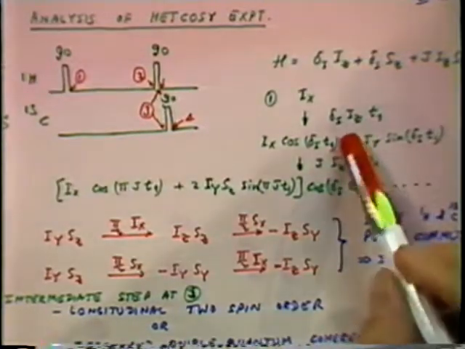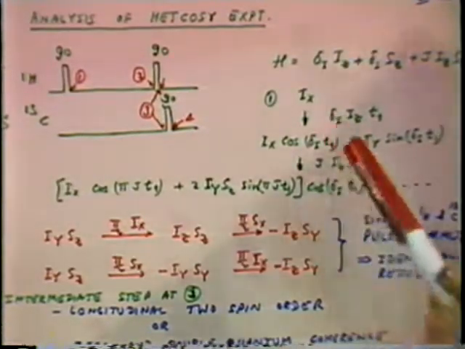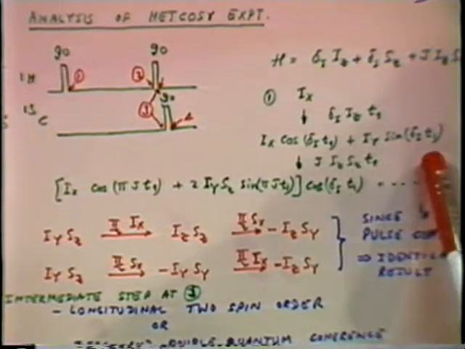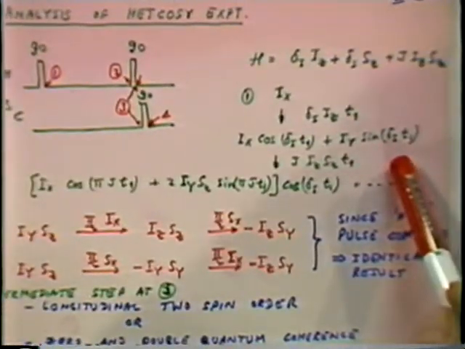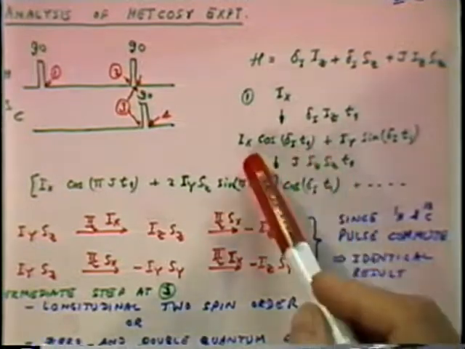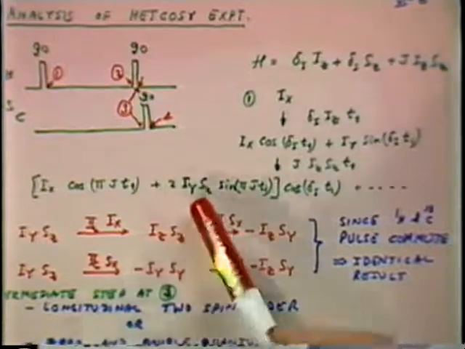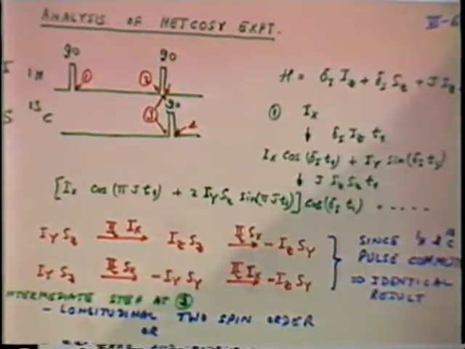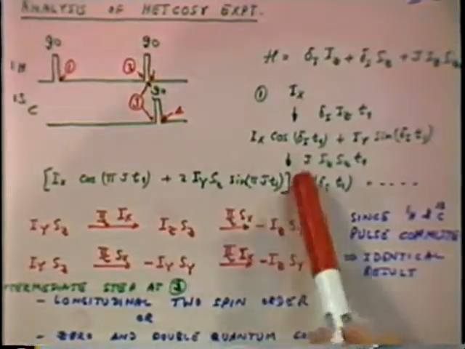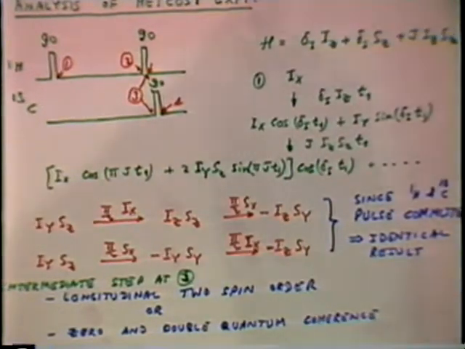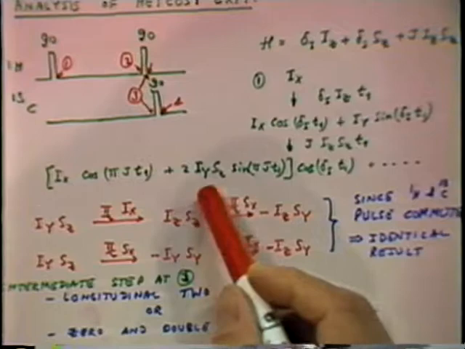And then this evolves under chemical shift as Ix cos(chemical shift t1) plus Iy sin(chemical shift t1), which under J coupling, the Ix part of it has Ix cos(πJt1) plus 2IySz sin(πJt1). This is because the sine term gives us a 2IySz outside.